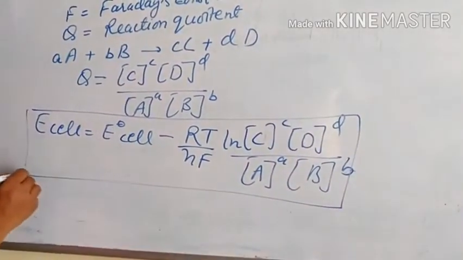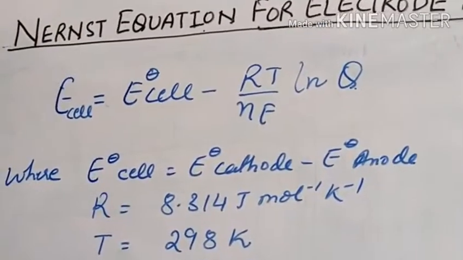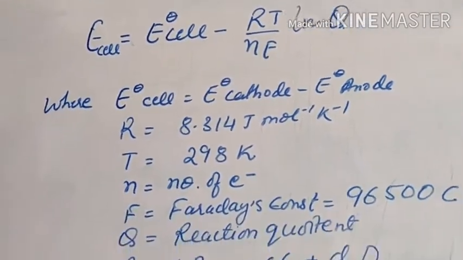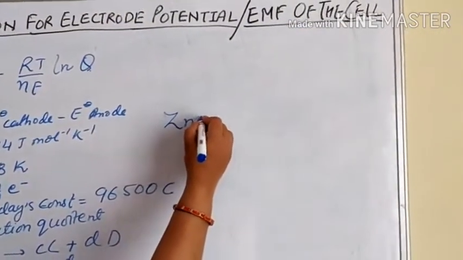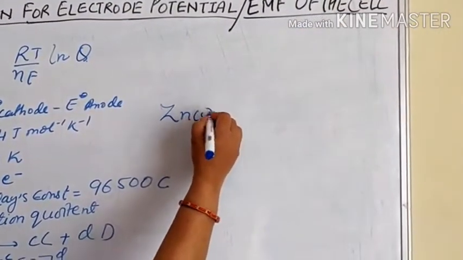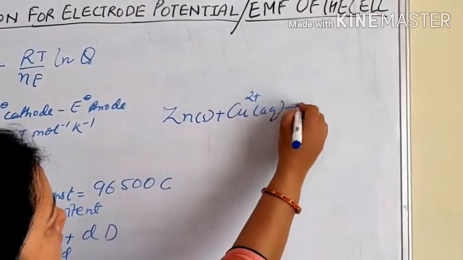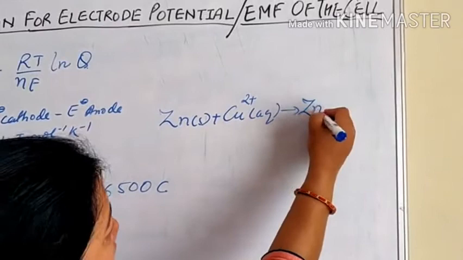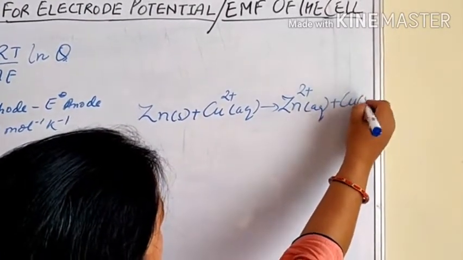Now with the help of this equation, we'll try to write the Nernst equation for a galvanic cell, which involves the reaction Zn solid plus copper ions aqueous gives Zn 2 positive aqueous plus copper solid.